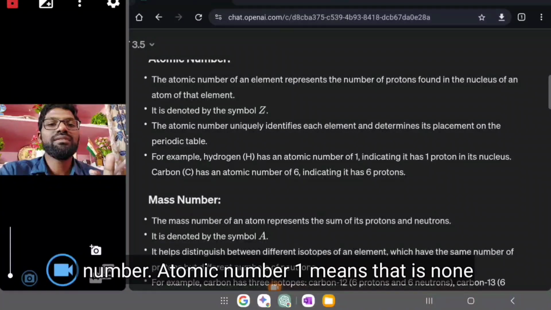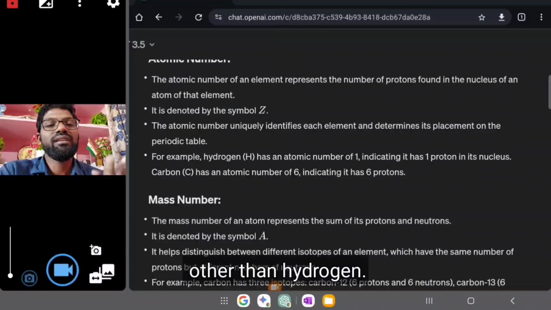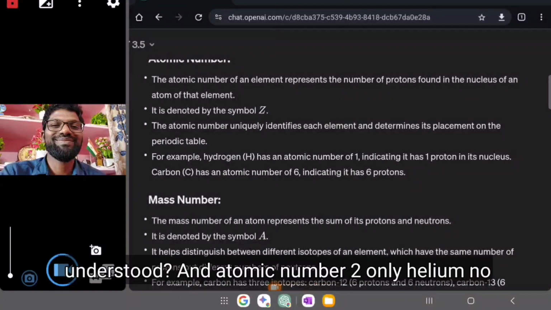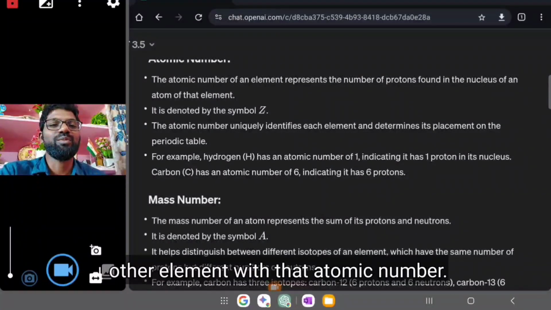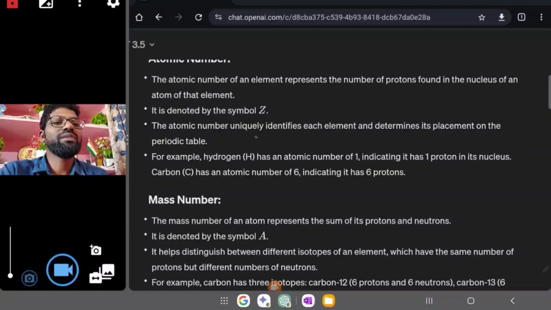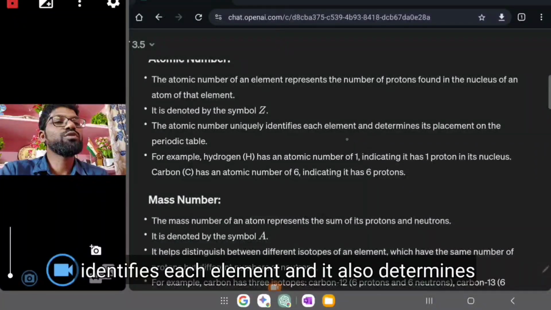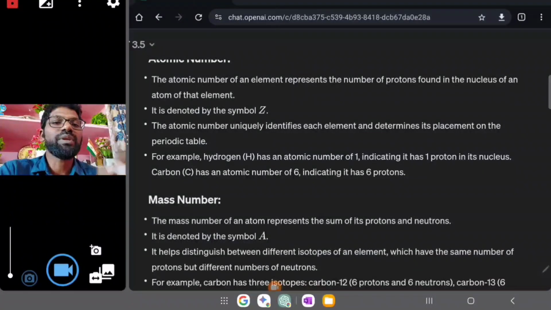Atomic number 1 means that is none other than hydrogen. There is no other element with the same atomic number. Understood? And atomic number 2, only helium, no other element with that atomic number. That means atomic number uniquely identifies each element, and it also determines its placement on the periodic table.